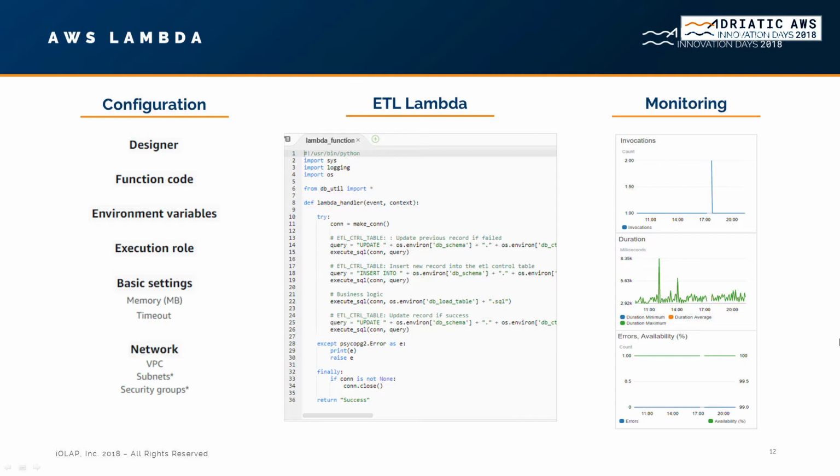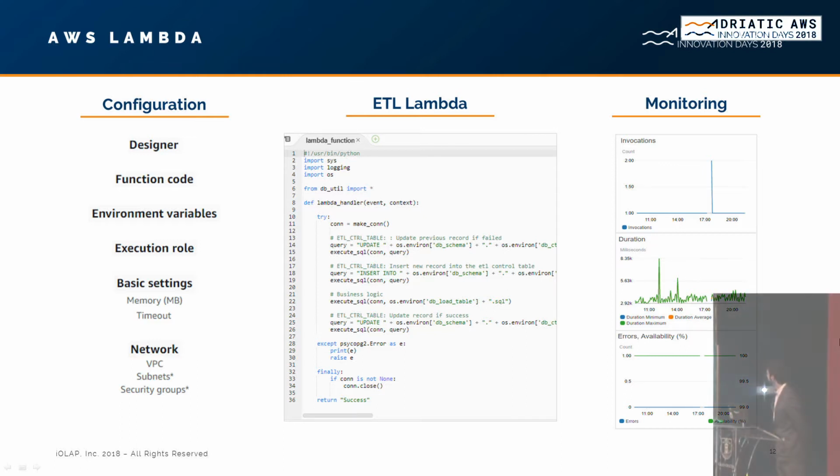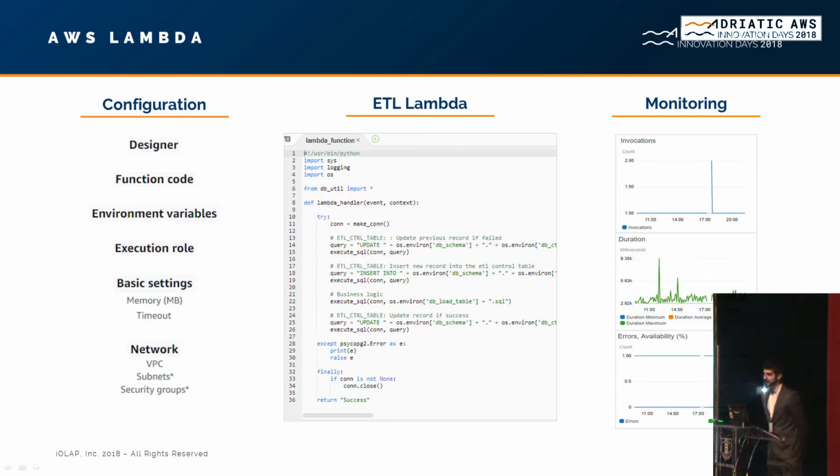We can see here an example where we have one business step that is actually running the SQLs that we want, and around that we have some ETL control table scripts that we also log so that we know if something went wrong with the job or not. Even though Lambda can also give you an error message, so you would also be able to see if something went wrong.